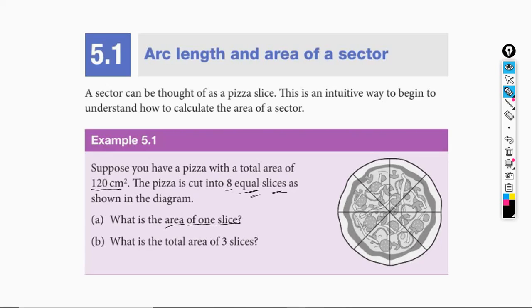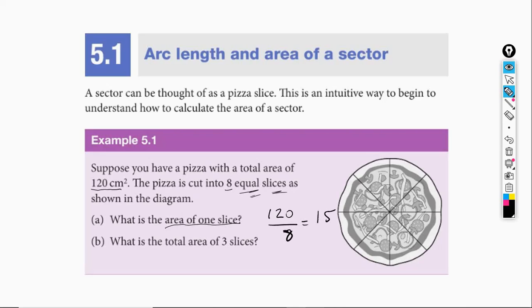Okay, so this problem is pretty simple because if the whole pizza is 120 centimeters squared in area and it's cut into 8 equal slices, then each slice has to have an equal area. So that means that one slice has to be 120 divided by 8. And that equals 15.